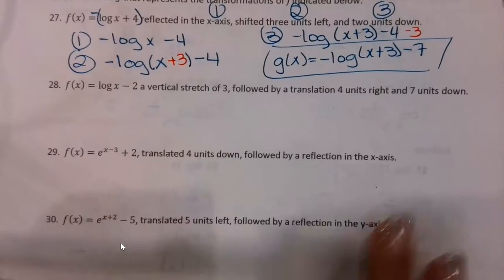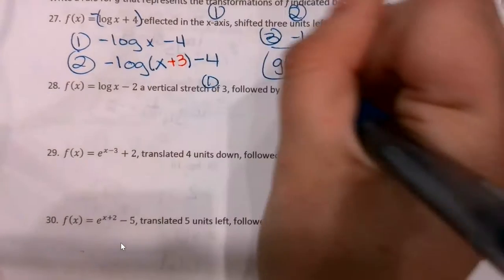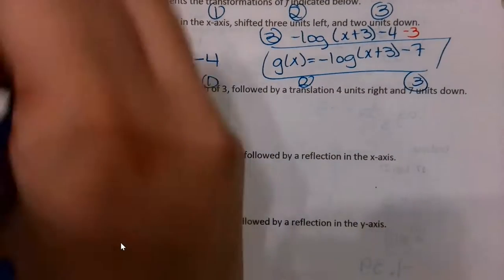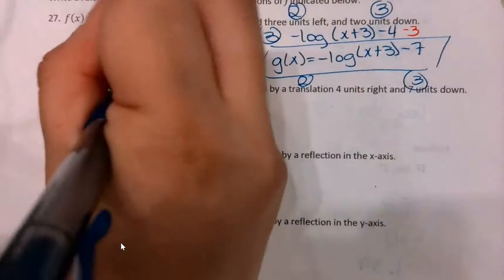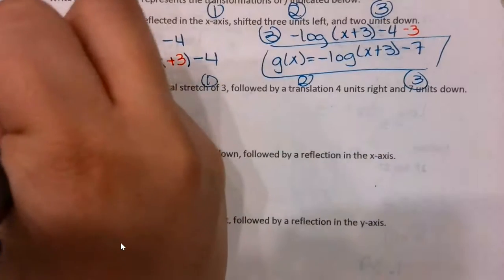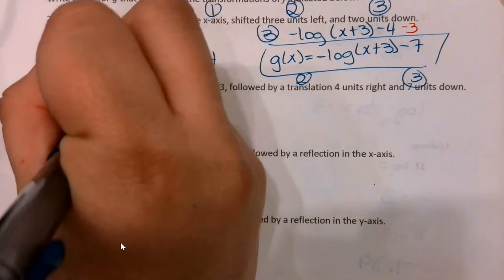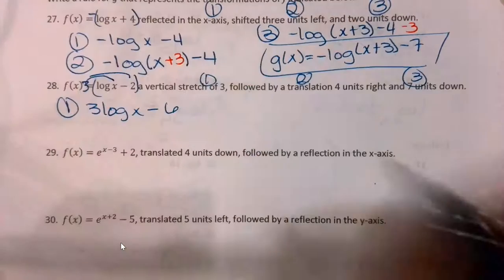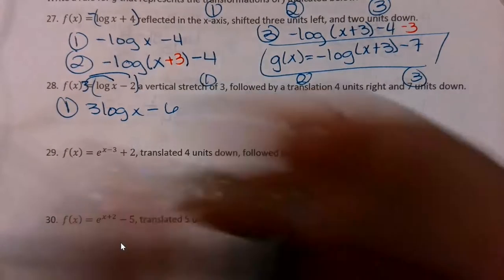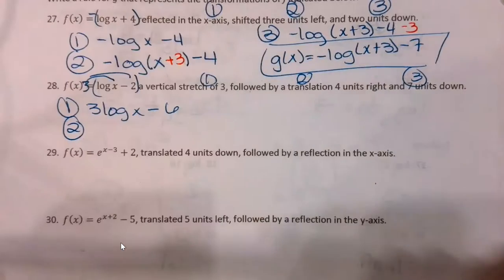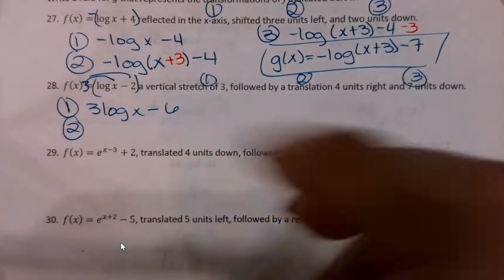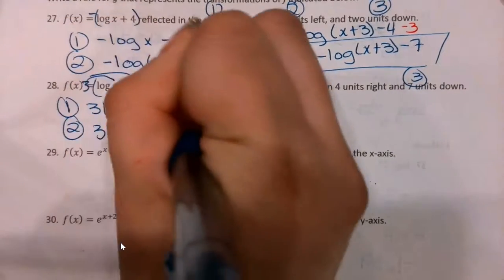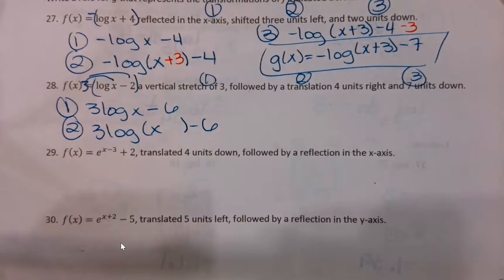I'm going to do the same thing for number 28. So I start with my vertical stretch, translation, and another translation. Vertical stretch of 3 means I multiply everything by 3. So for my first step, I'm going to have 3 log x, and then minus 6, because it can go to the 2 because it's not part of the logarithm. Then my second step is to go 4 units right, so that goes inside with the x, and right is negative.